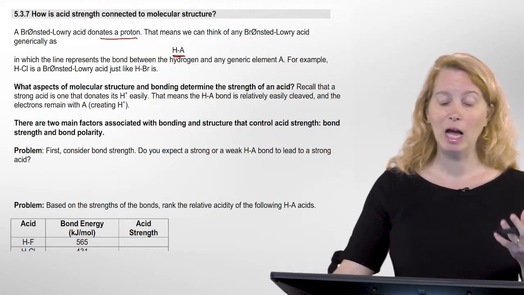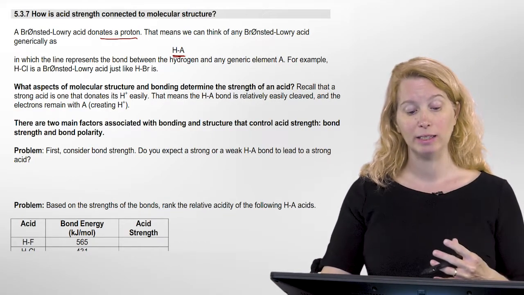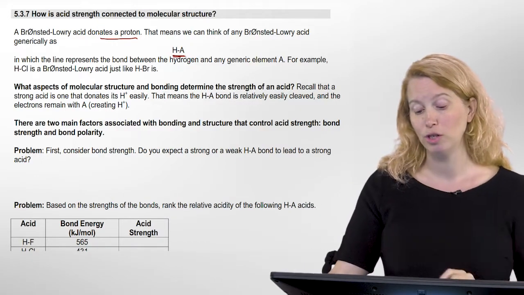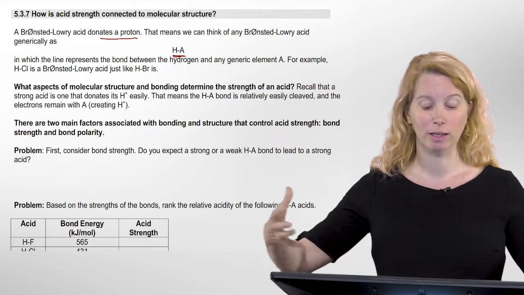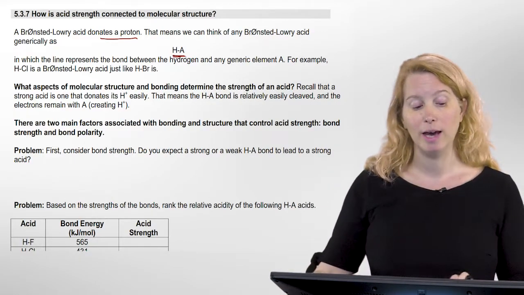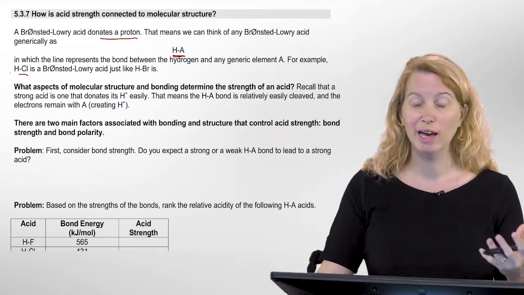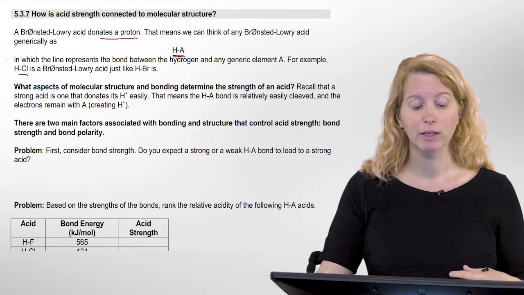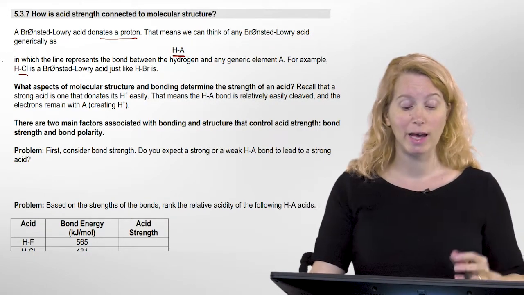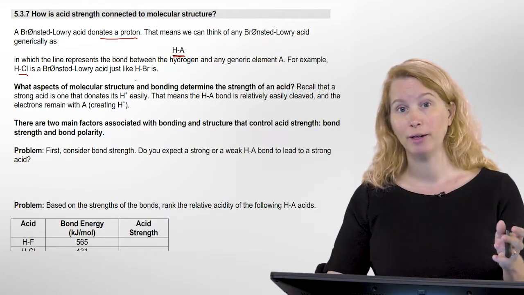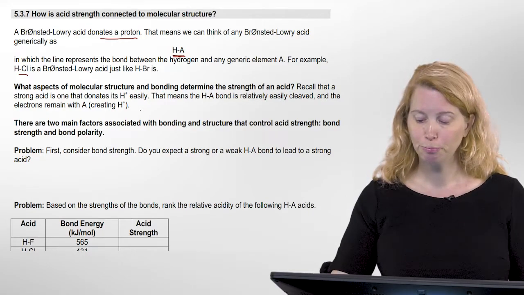So you can think of that line between the hydrogen atom and the acid as representing the bond between the hydrogen and a particular generic element, or in the case that it's a larger acid, the rest of the acid. So if we think of a couple of examples, HCl, hydrochloric acid, and HBr, hydrobromic acid, are both Bronsted-Lowry acids with a single bond between the hydrogen and the halogen atoms.